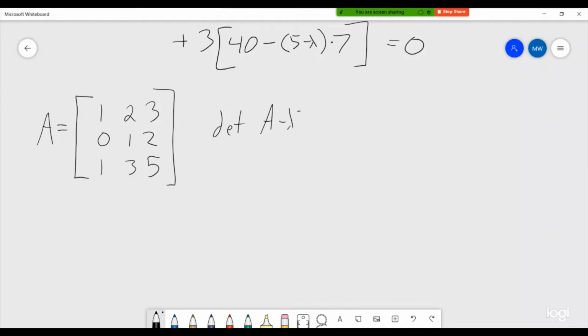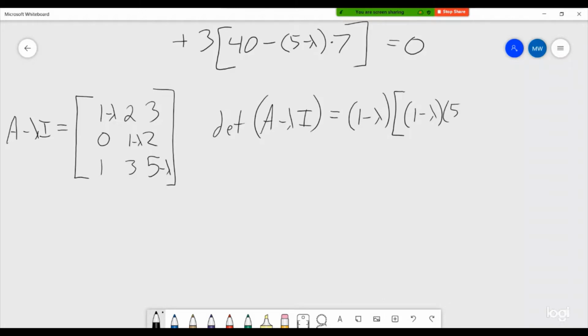A minus lambda I. So let's just subtract those lambdas here, so minus lambda and minus lambda. That is going to be 1 minus lambda times (1 minus lambda)(5 minus lambda) minus 6, plus 1 times (4 minus 3 times (1 minus lambda)).